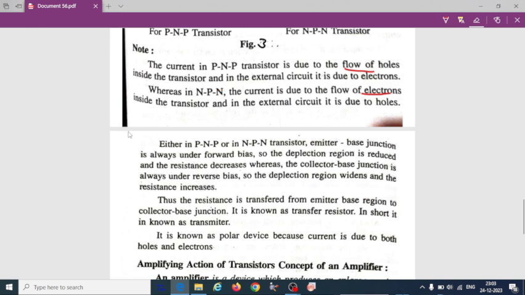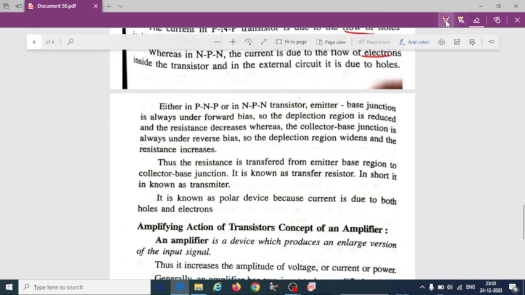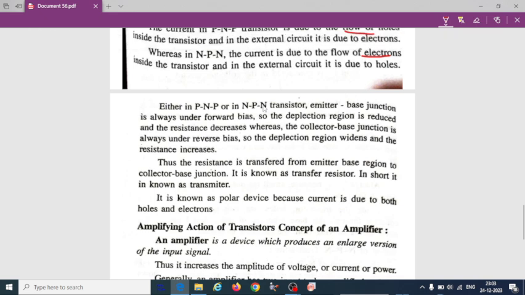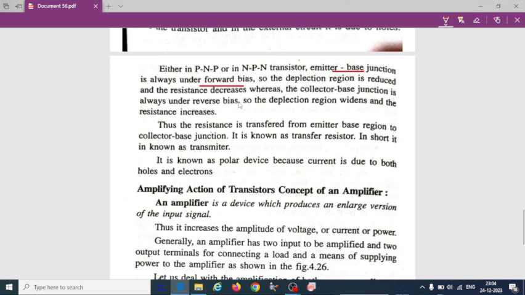So either in a PNP or NPN transistor, the emitter base junction is always under forward bias. So the depletion region is reduced and resistance decreases, whereas the collector base junction is always under reverse bias.